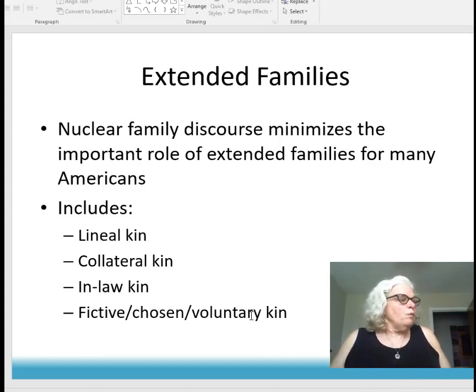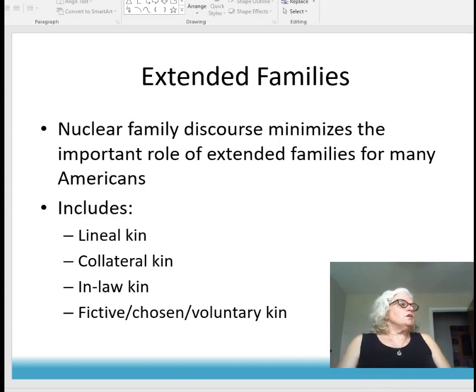And it's very important that I play that role of aunt and uncle to her child that has no other aunts and uncles really on her side. We create this and we see these roles. And so they're very extended. The nuclear family minimizes the importance of that extended family for Americans, and yet we'll find that they're pretty significant in support.